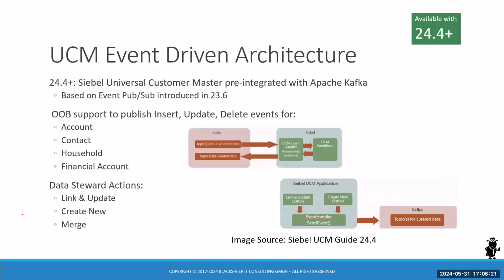And also in other news, users of Universal Customer Master can now use pre-built integration with Apache Kafka based on the event publication subscription that was introduced back in June last year, 23.6.